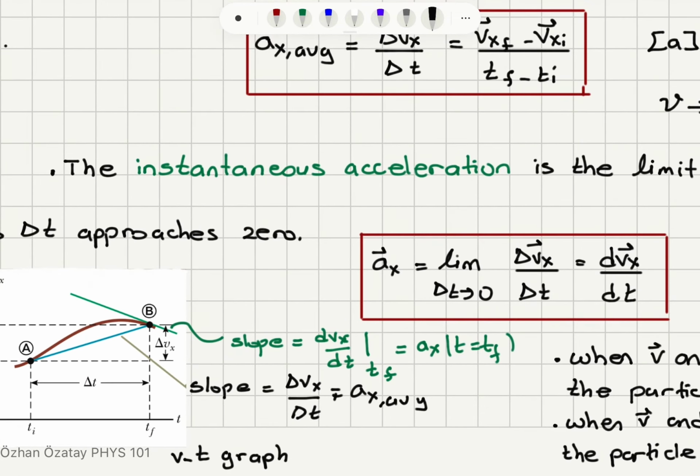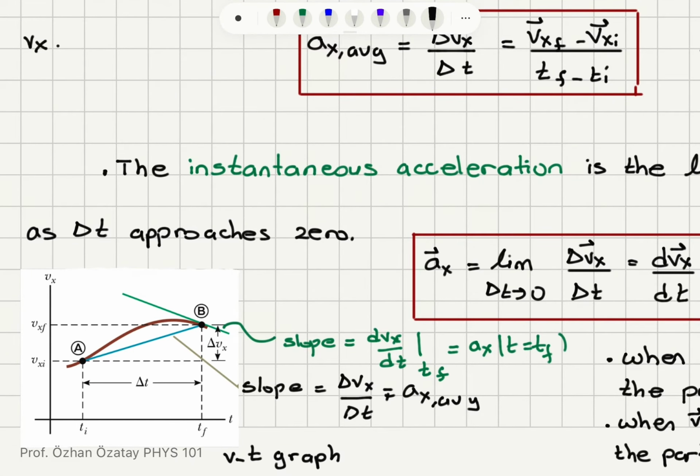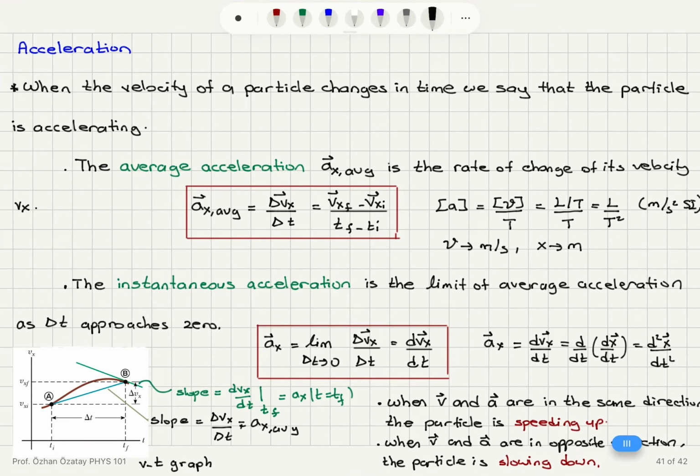If you look at a velocity versus time plot, as you can see here, the slope at the final time, tf, gives us the instantaneous value of the acceleration at t equal to t final. However, if I look at the change in velocity between a and b, delta Vx, and I divide it by delta t, the slope of this blue line gives me the average value of the acceleration from the vt plot.